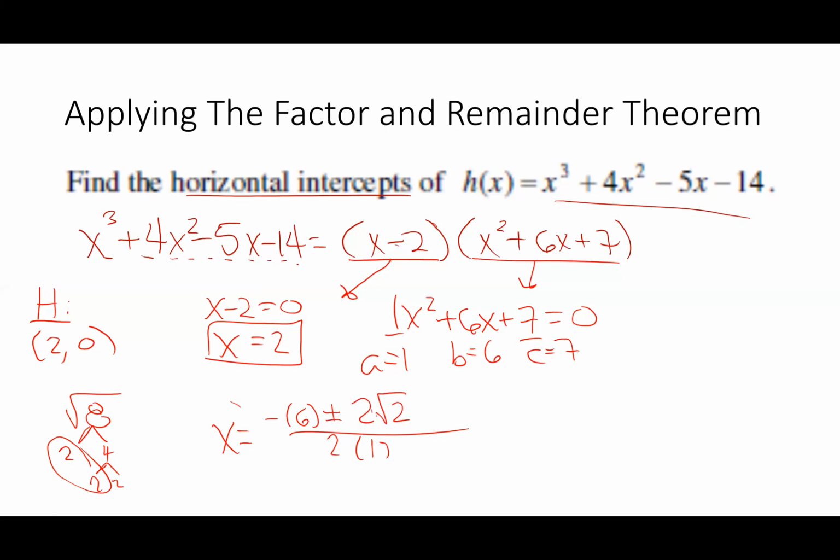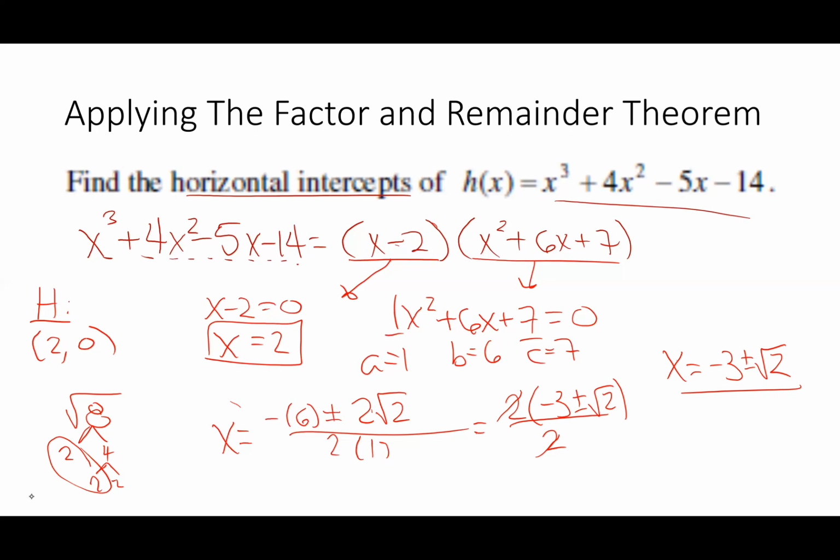Okay. And now what I'm going to do is factor out a 2 from the numerator. So I end up with negative 3 plus or minus the square root of 2 over 2. These 2s cancel, and so now I get x is negative 3 plus or minus the square root of 2.